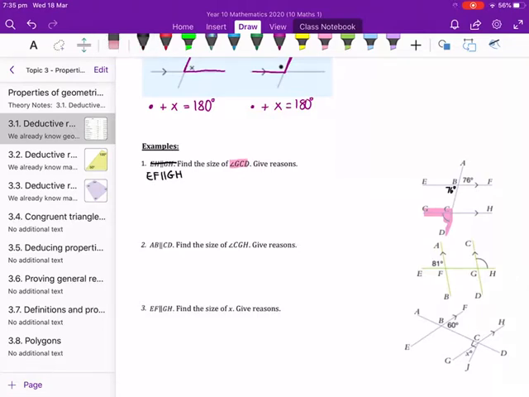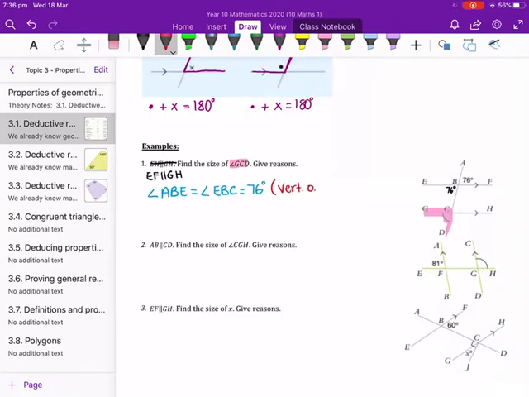that angle ABE, the angle that we've been given, equals angle EBC, which equals 76 degrees, and our reason for this is going to be vertically opposite angles.